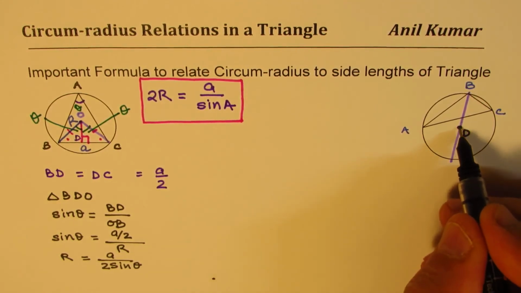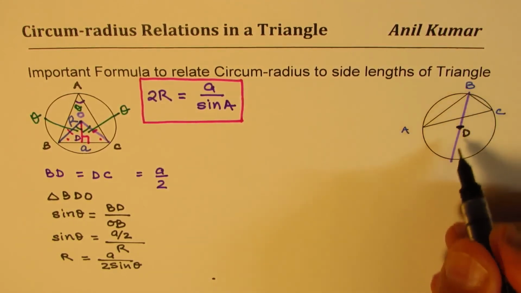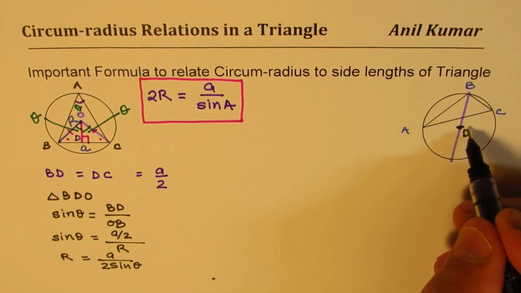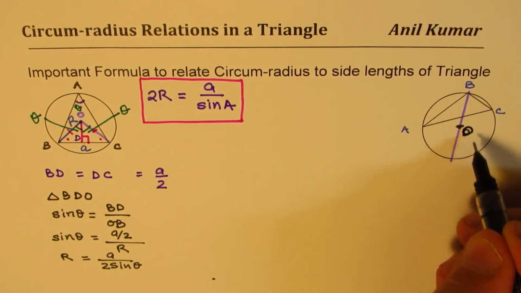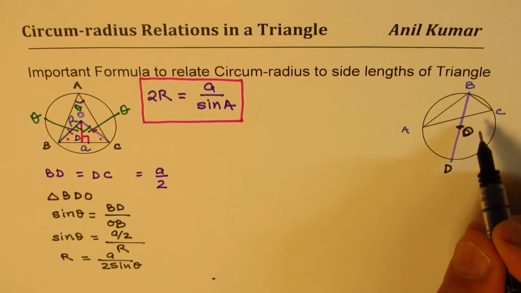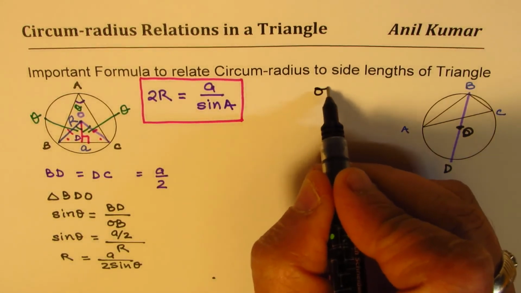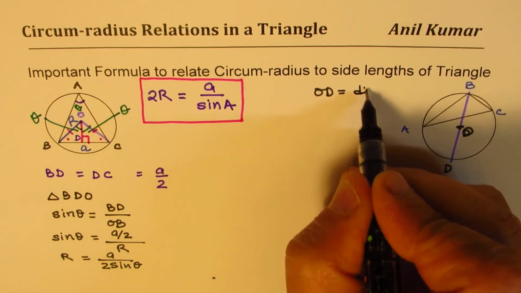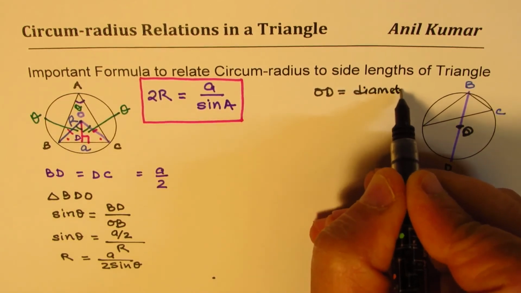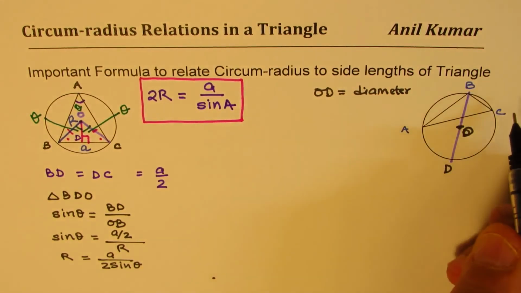So in that case, this length B2, circumcenter we'll put O, right? We'll put D here. So in that case, what we have here is OD is the diameter, right?